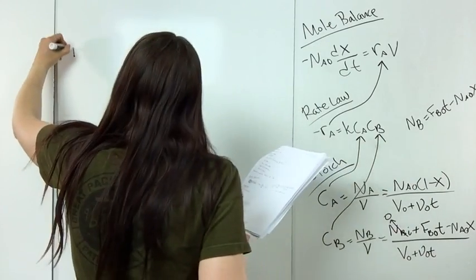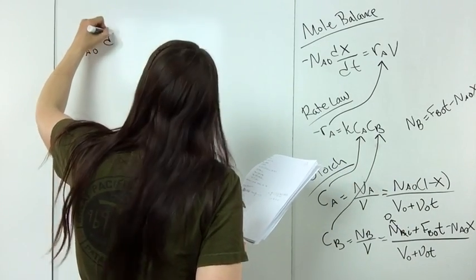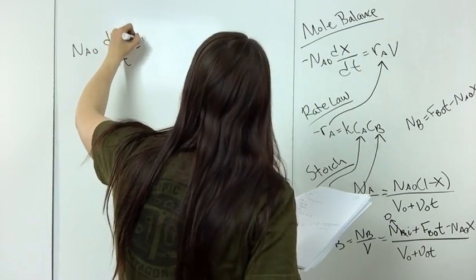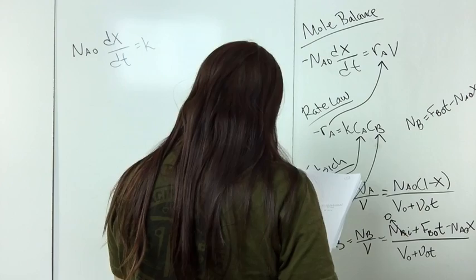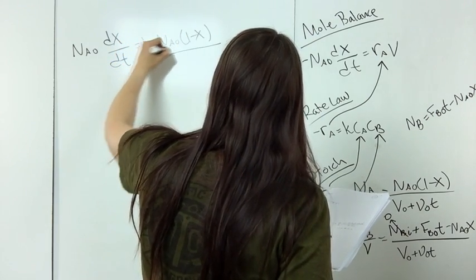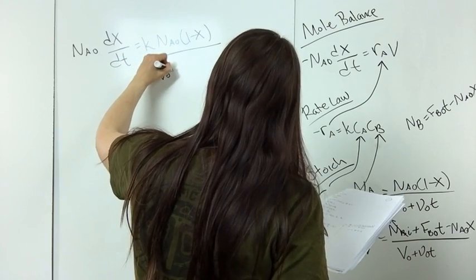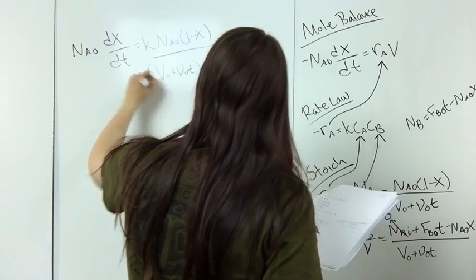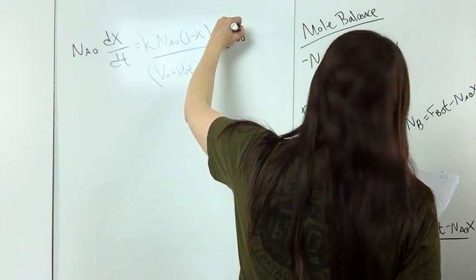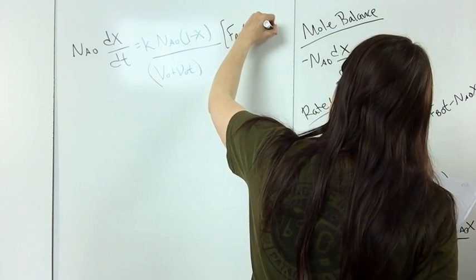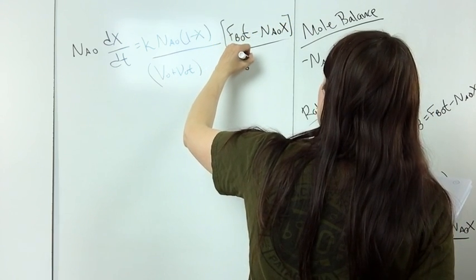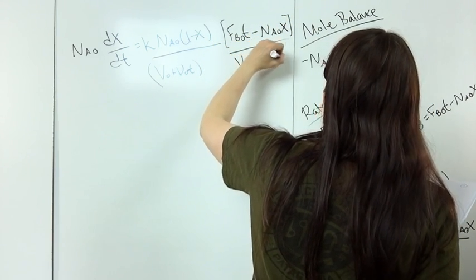I end up with NA naught dX/dt is equal to k times NA naught times 1 minus X over V naught plus v naught t, multiplied by FB naught t minus NA naught X over V naught plus v naught t.